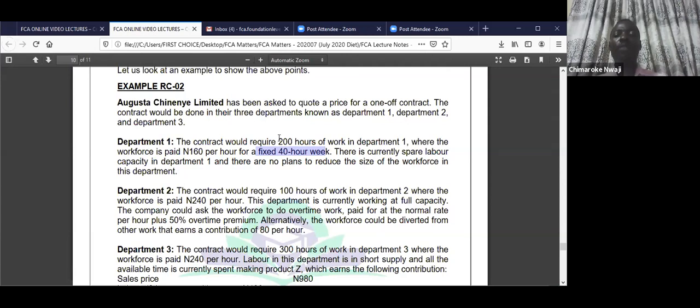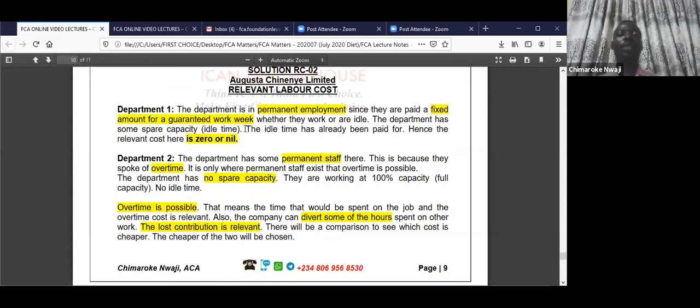So irrespective of these 200 hours that they're saying here, these people are paying a fixed amount for their workers. So that means this is a permanent employment. So you see, department 1 is in permanent employment, since they are paid a fixed amount for a guaranteed work week, whether they work or are idle.